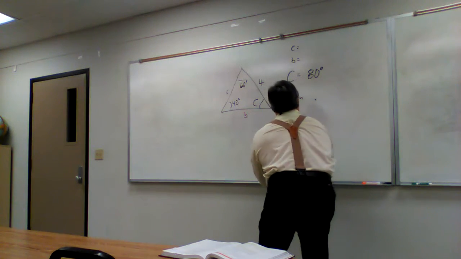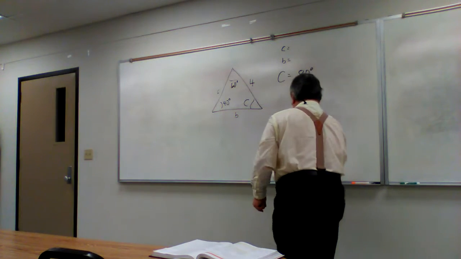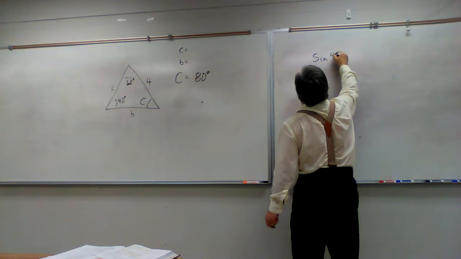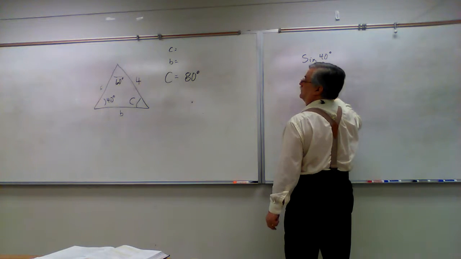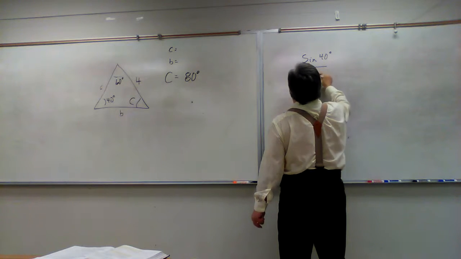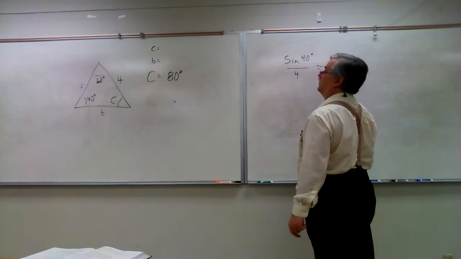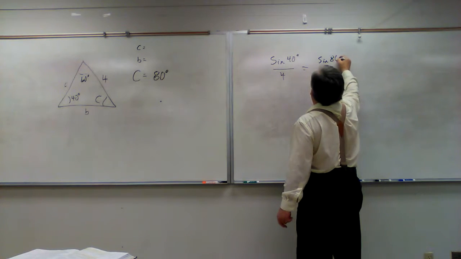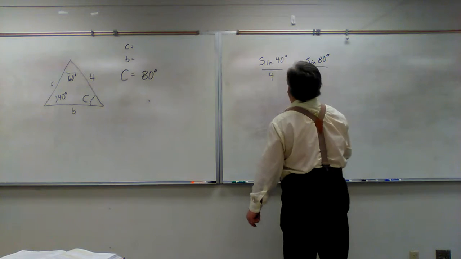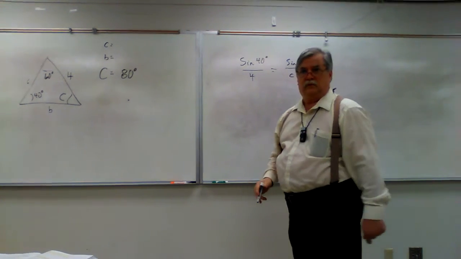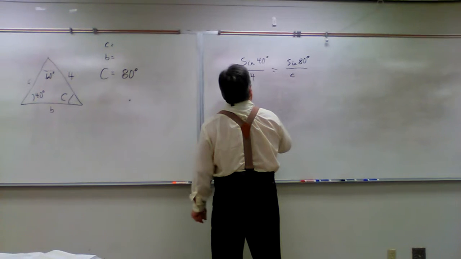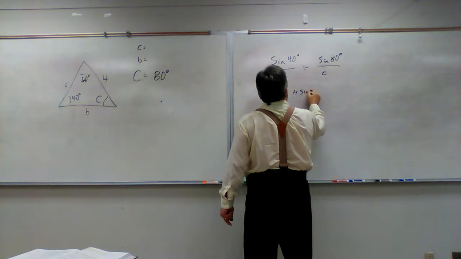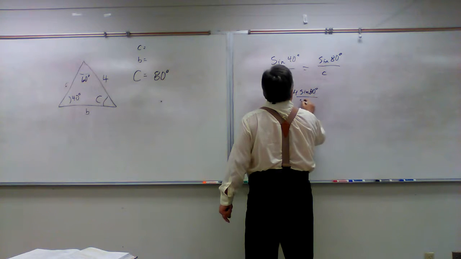So we've got sine of 40 degrees divided by 4 is equal to the sine of 80 degrees divided by c. Well, we can just do some quick algebra and we get c is equal to 4 sine 80 divided by sine 40.